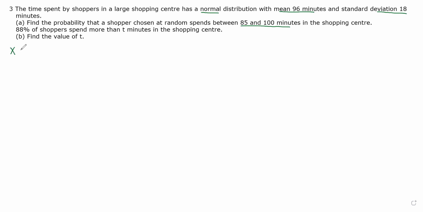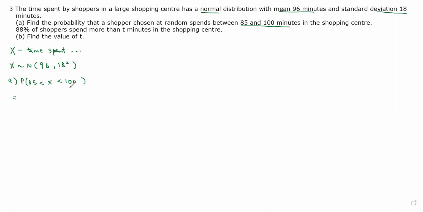We define the random variable X as the time spent by shoppers in a large shopping center. X follows a normal distribution with a mean of 96 and a standard deviation of 18. For Part A, we need to find the probability that X is between 85 and 100.